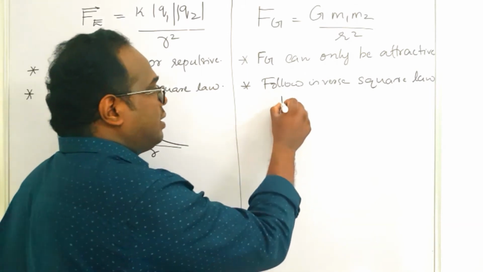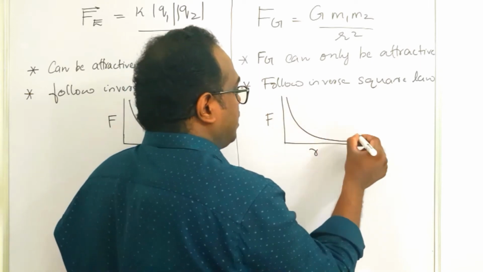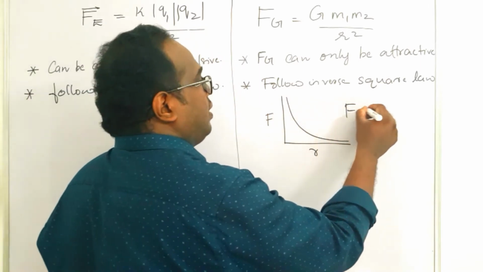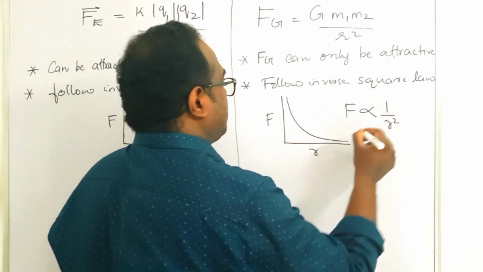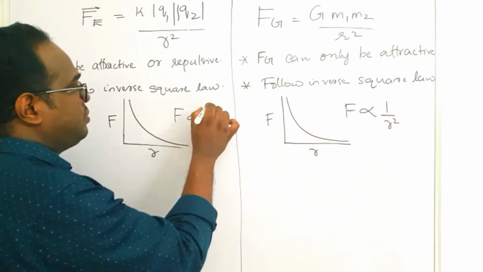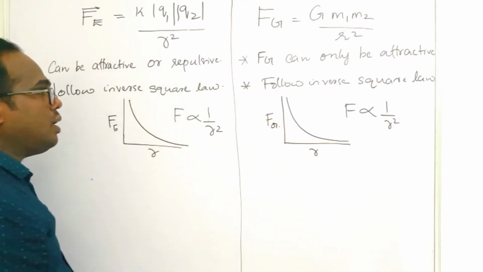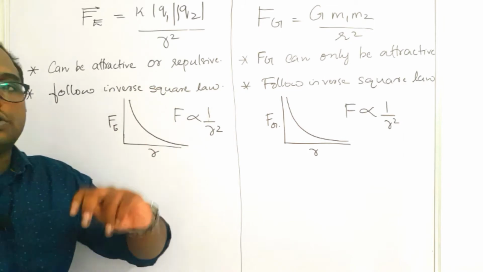Here also the same graph for F and R. F is inversely proportional to R square. This is Fe, this is Fg. That is the inverse square law.